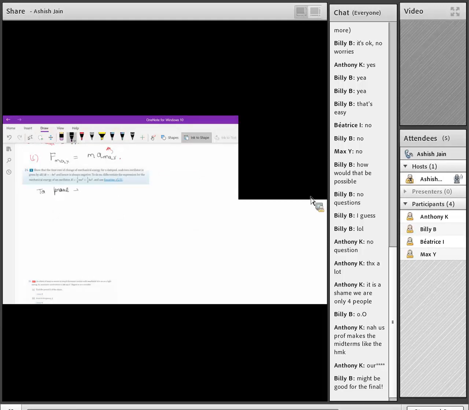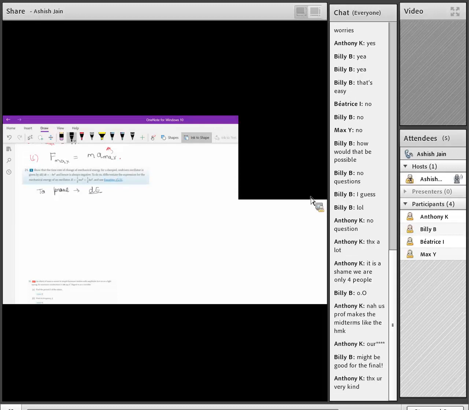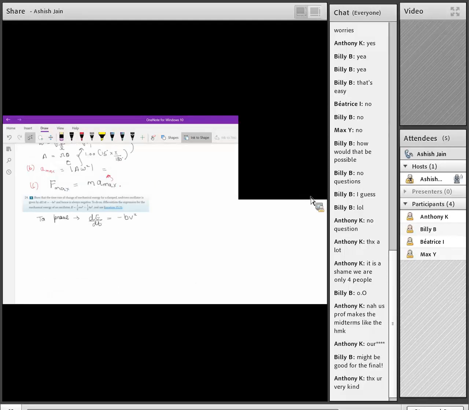If I would be a prof, I would pick the same questions. So we have to prove that for a damped undriven oscillator, the rate of change of energy is always negative.